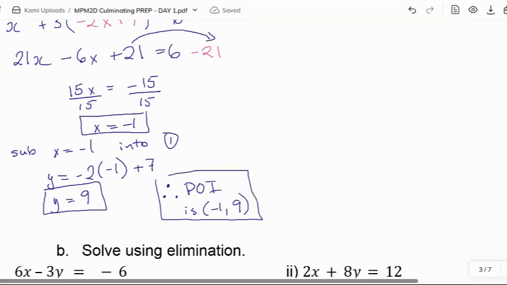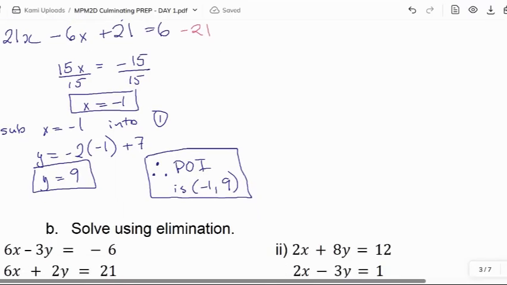This is a complete solution. Or another word instead of POI: the solution is, right? The solution to this linear system is -1, 9. This is a beautiful solution, well communicated, clear. The final answer is stated clearly.